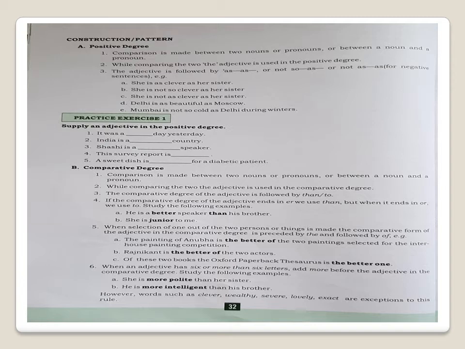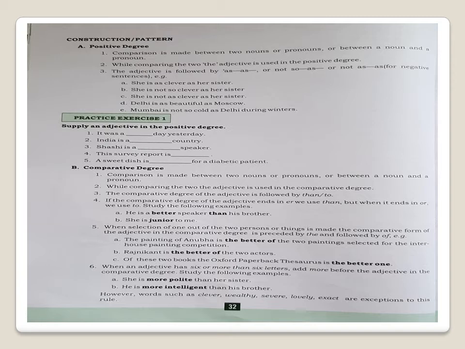Now we have here the comparative degree. As we have already learned, the comparison is made between two nouns or pronouns, or between a noun and a pronoun. While comparing the two, the adjective is used in the comparative degree. We are using er, or we put more.